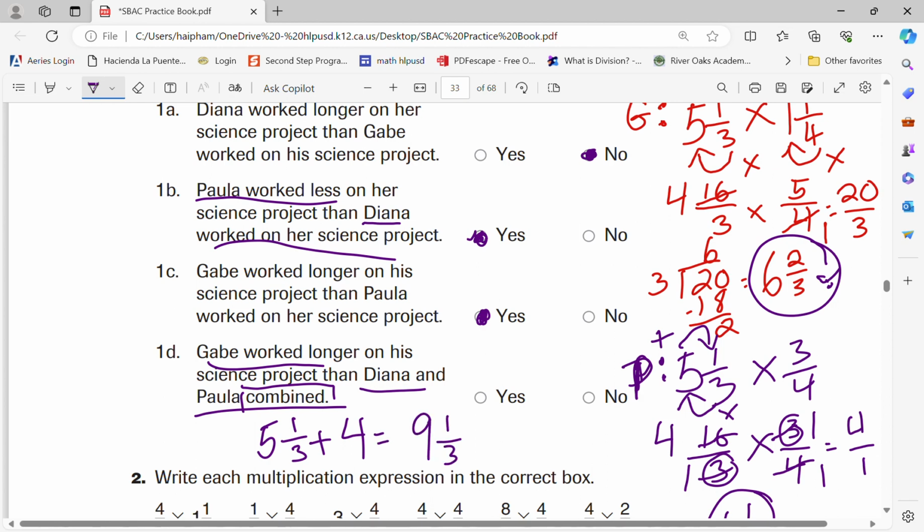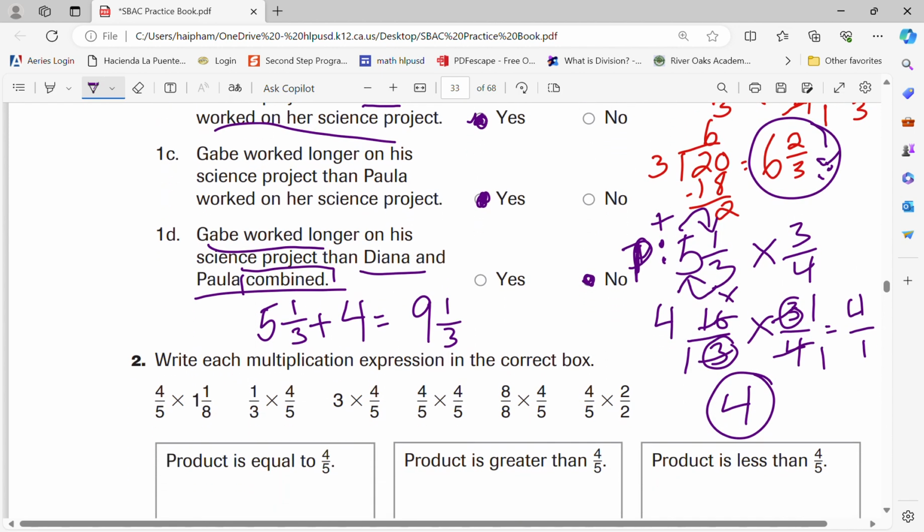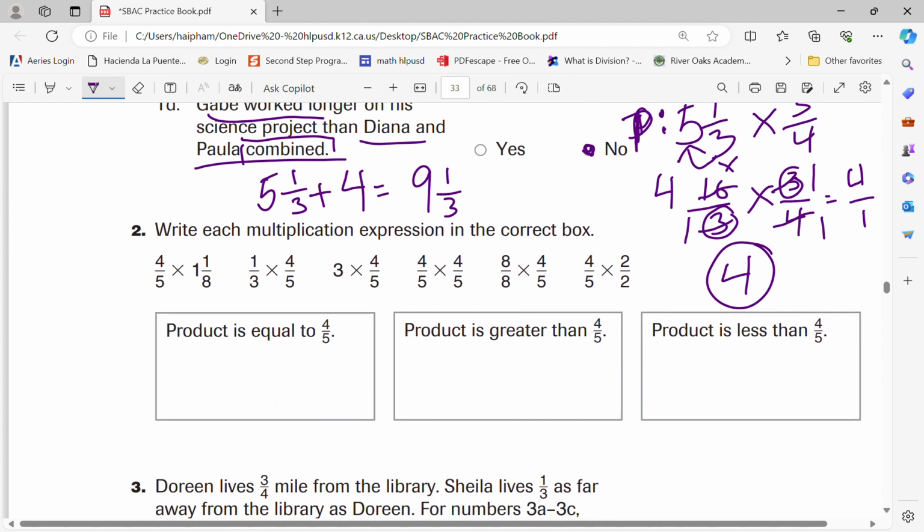And Gabe worked for 6 2/3. That means Diana and Paula combined worked longer than Gabe did, so this is a false statement. Let's mark no.